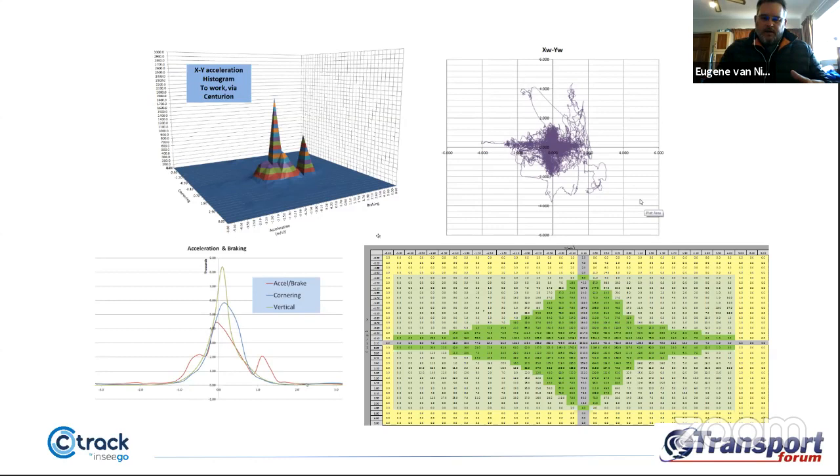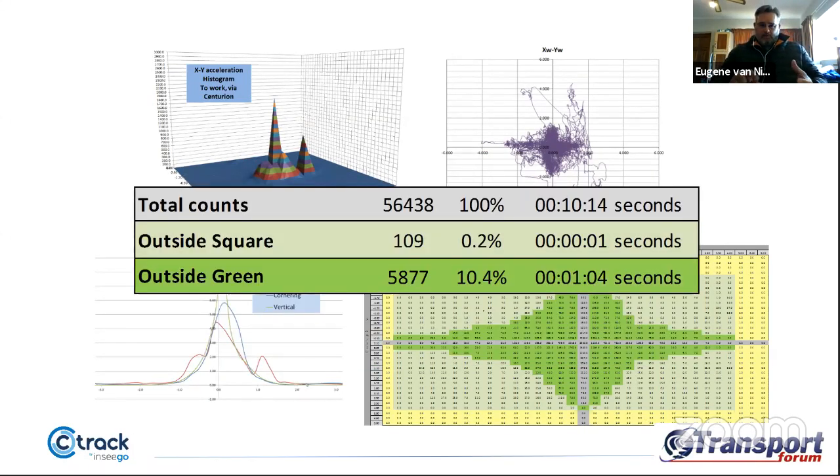So in this example that I'm showing on the screen, what basically happened was we recorded tracking information, accelerometer information, for a vehicle that was driven for roughly around 10 minutes. And during that time period, we recorded 56,000 events, driving events, accelerometer events. So that's typically your harsh braking, your harsh acceleration, your harsh cornering information that is measured by the accelerometer.